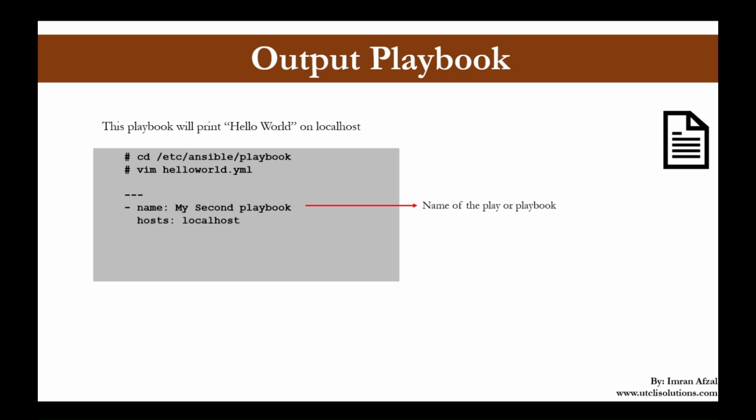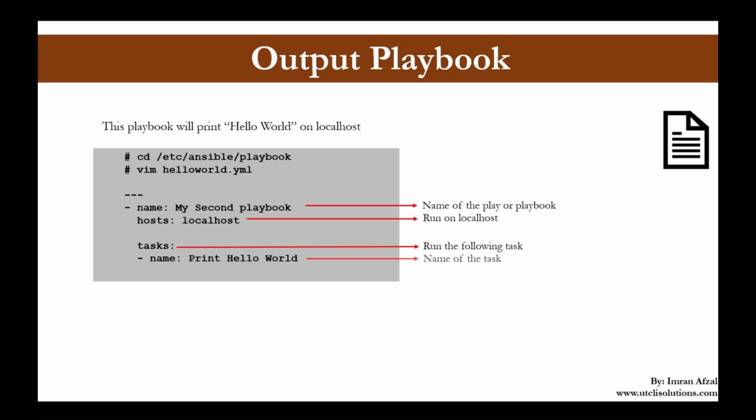Then we'll define the host where it's going to be run against. So we'll go with localhost again. This will run on localhost. Then tasks: run the following task, and the name of the task would be print hello world. What would be the next step in the task? Of course, you need to pick the module that will actually execute your task.